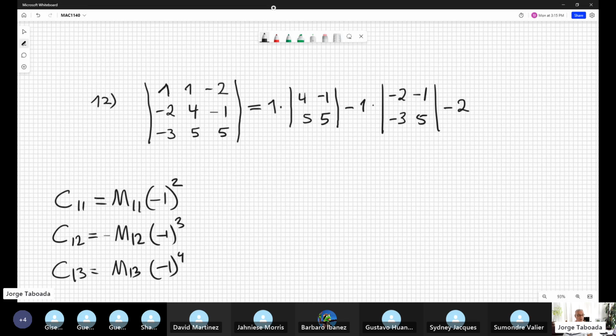The even exponents, 2 or 4 and so on, give +1. That's the reason it stays positive. However, the odd exponent gives -1. This is the reason. And the minor associated with this entry is -2, 4, -3, and 5. Everyone follow me so far or no?